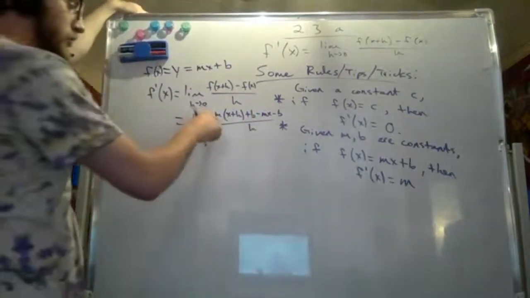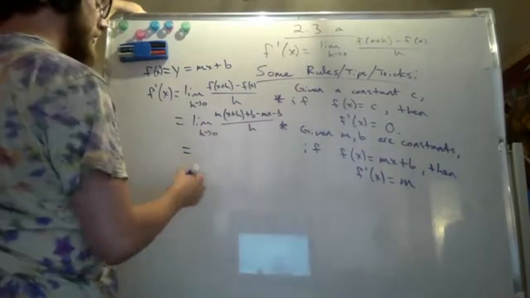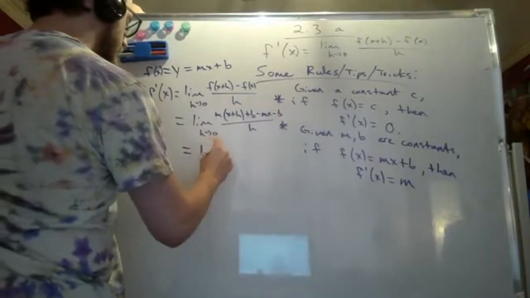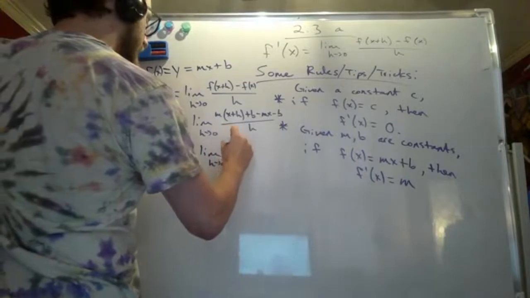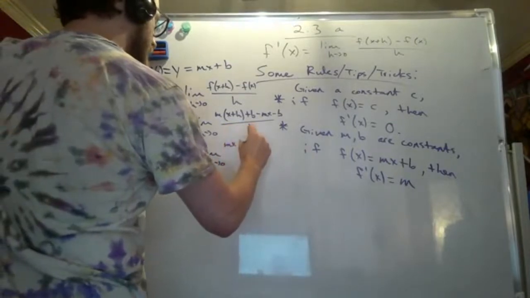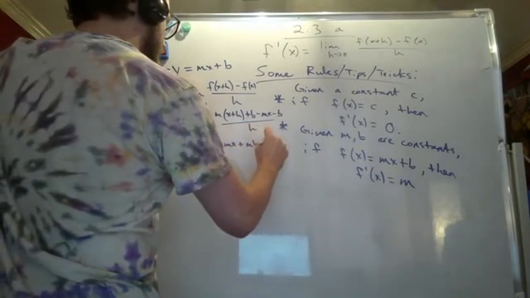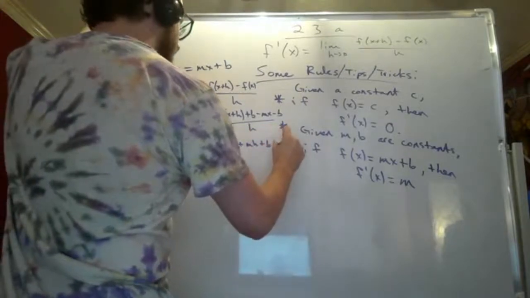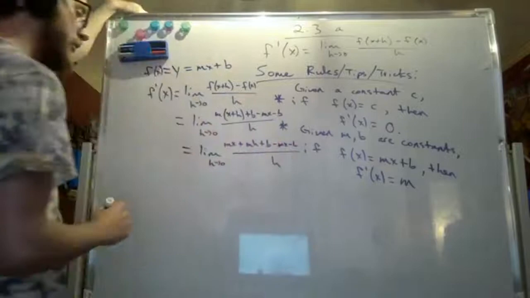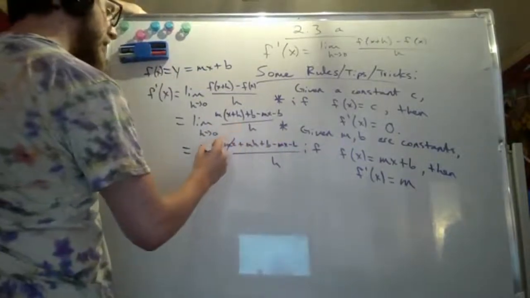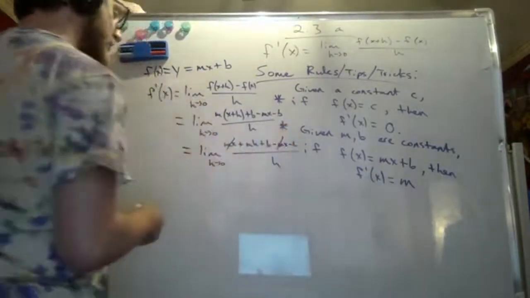Now when we do that, we're going to distribute the m up here and then subtract out our like terms. So we've got the limit as h goes to 0 of mx plus mh plus b minus mx minus b. Now note here that we've got a positive mx and a negative mx, so they cancel.